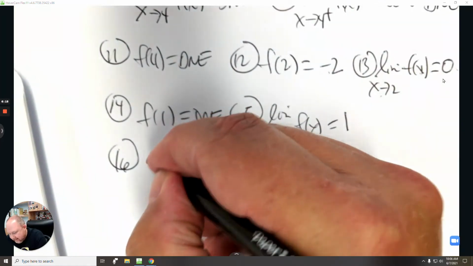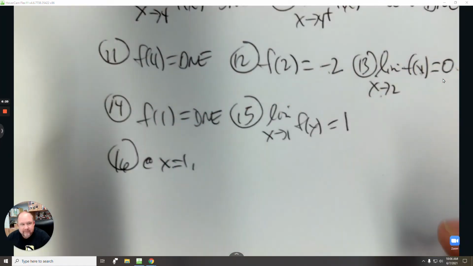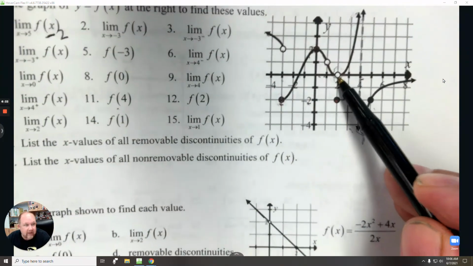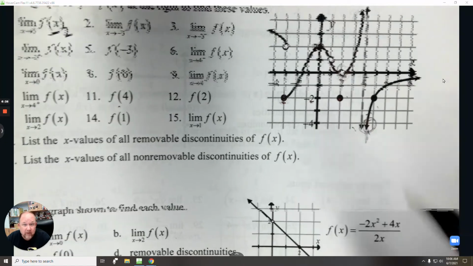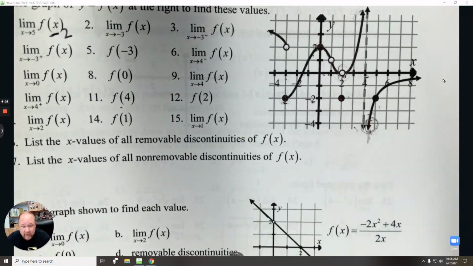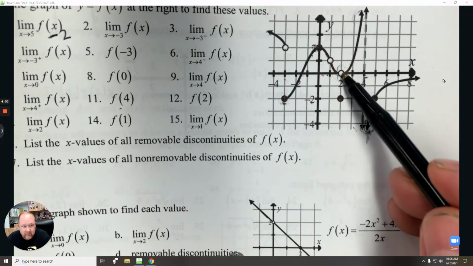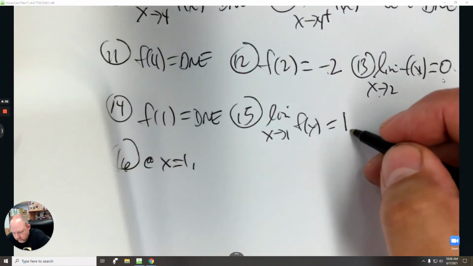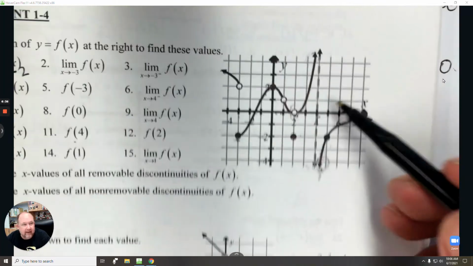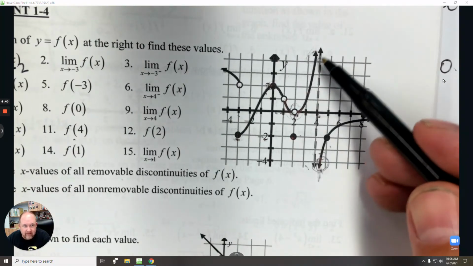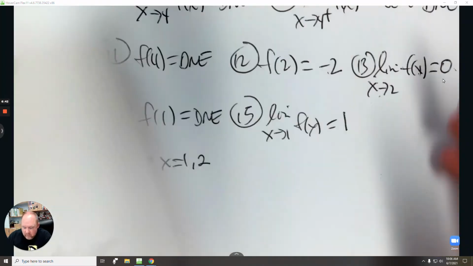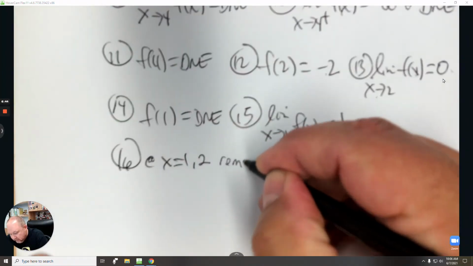So at x equals 1, here again, it's removable, and notice the limit exists. That's the real one. If it's removable, the limit exists. So the limit exists here. So also at 2. And here we have an asymptote, which is a discontinuity, and the limit doesn't exist there. So those are called removable discontinuities.